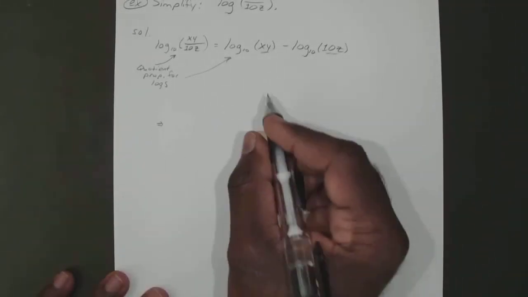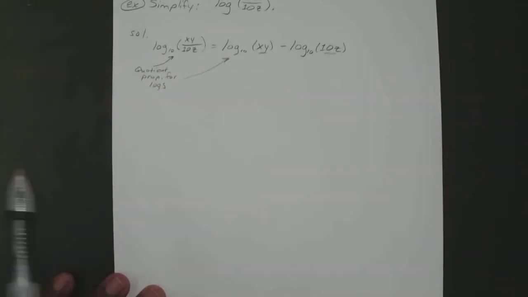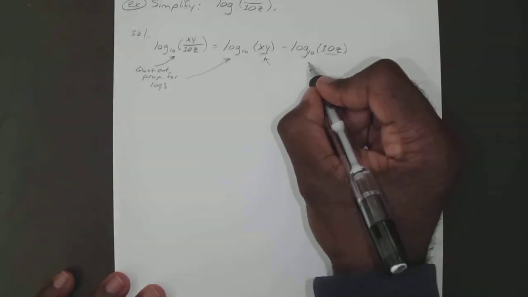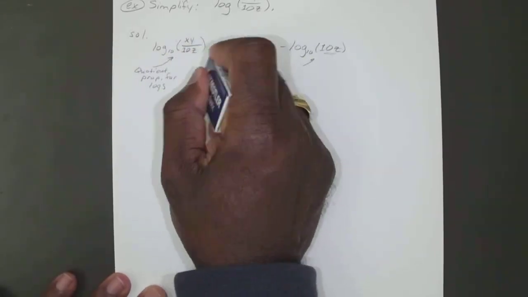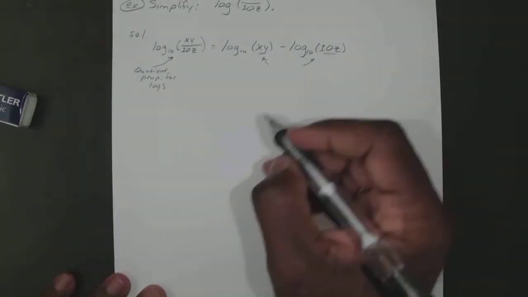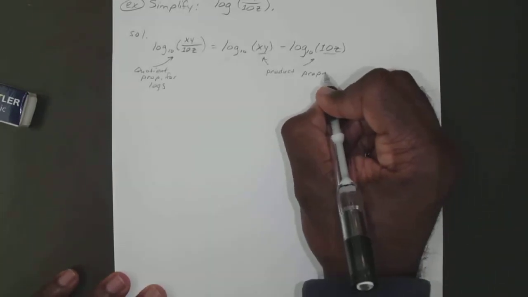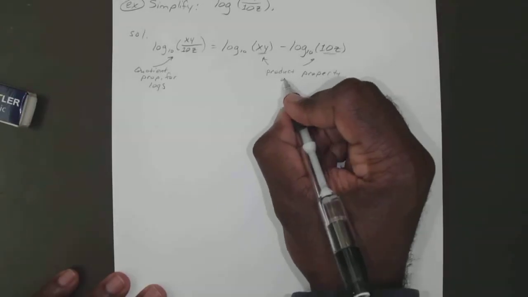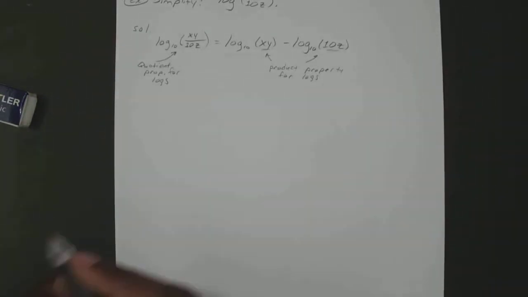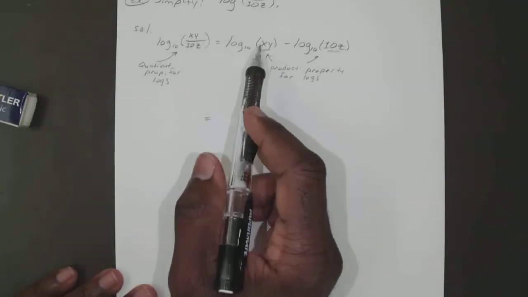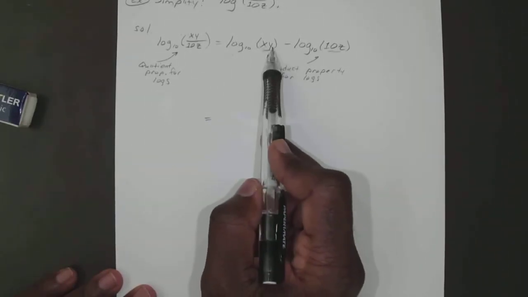That means our log base 10 product property for logarithms. So that means log base 10 of x times y is going to be log base 10 of x plus log base 10 of y.